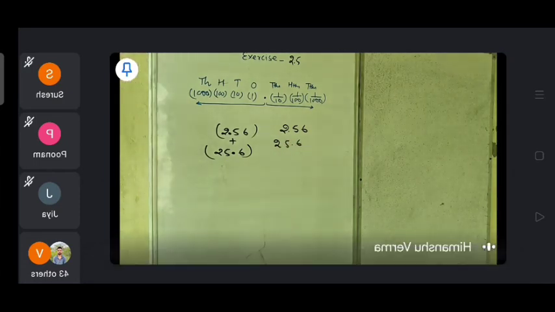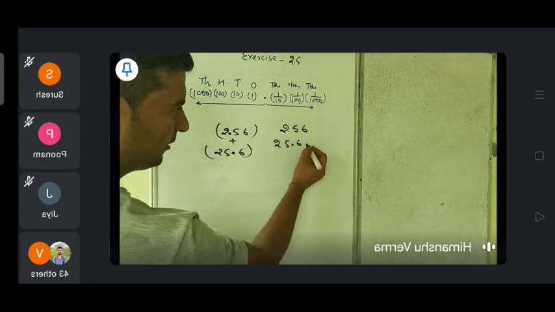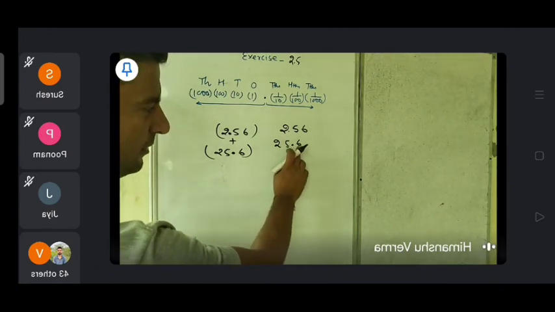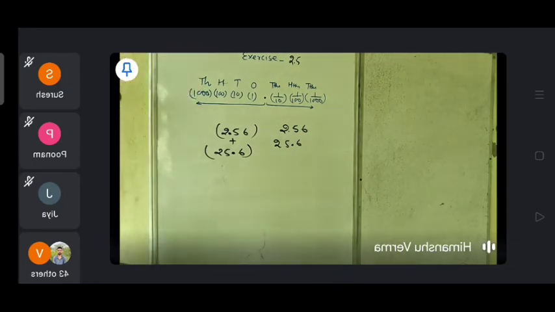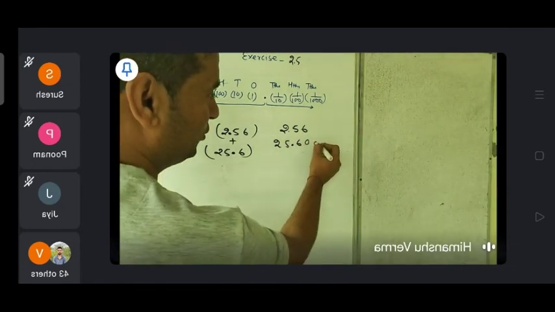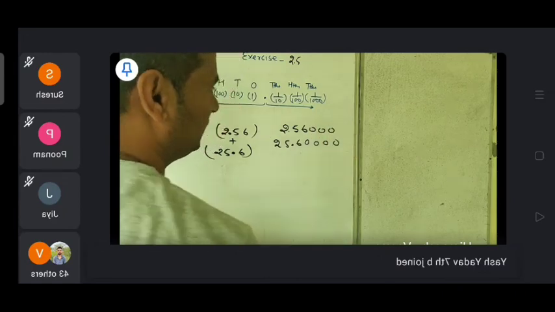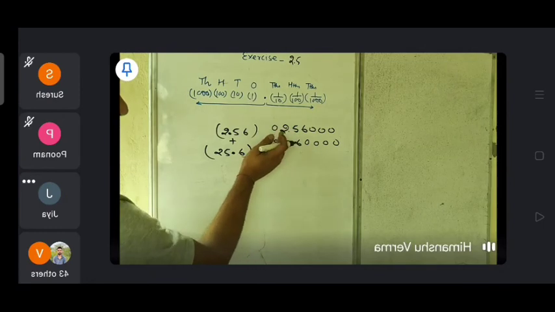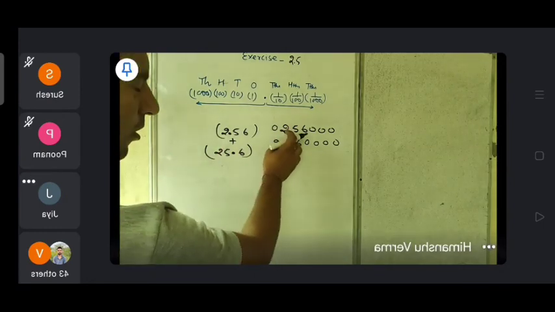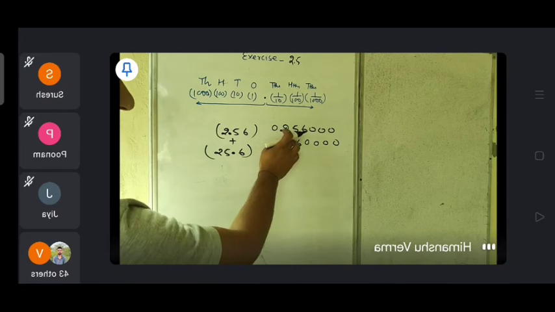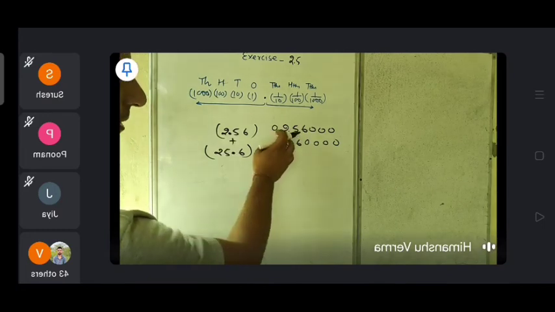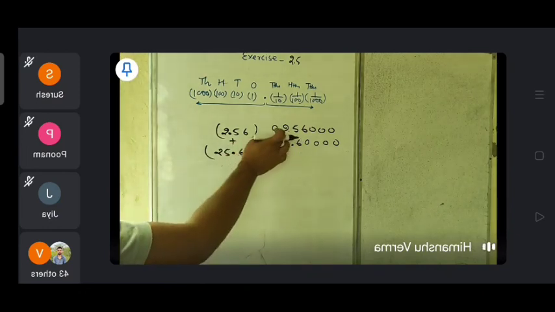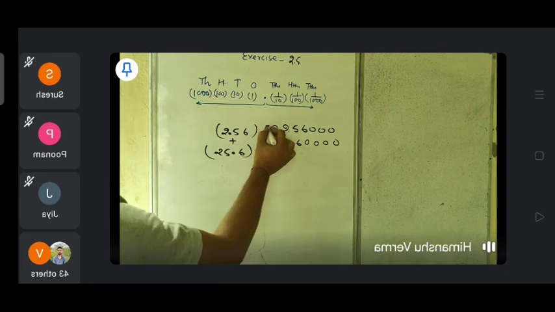If there is no number on the right hand side of the last digit after the decimal point, आप कितने भी zeros place कर सकते हो. There is no value. Similarly, you can place zeros after the last digit, and they have no values.